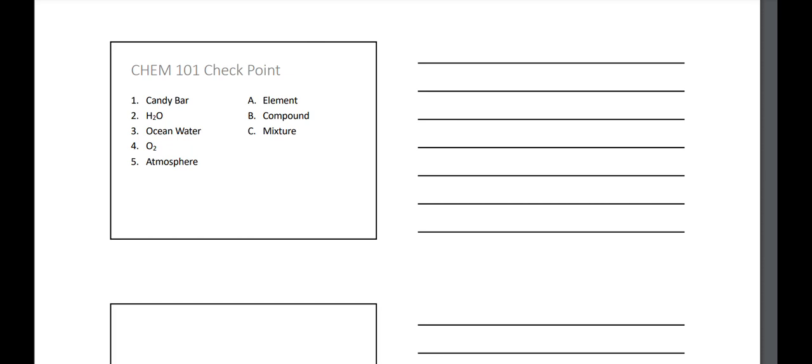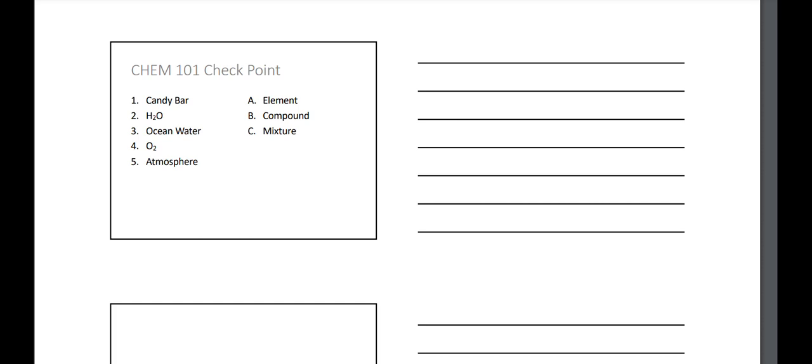Pretty sure the answer is no, because a candy bar contains cream, cocoa, sugar, salt, probably nuts. So it's a combination, a mixture of different substances being put together. So a candy bar would be a mixture.